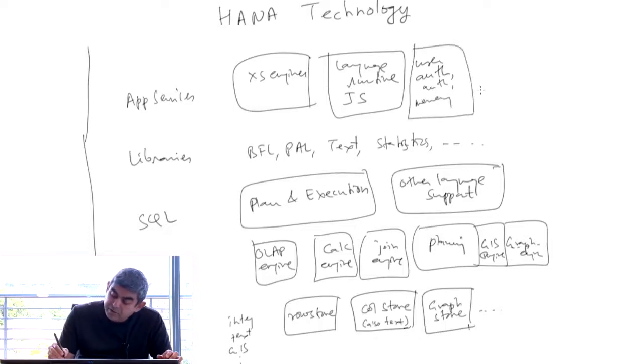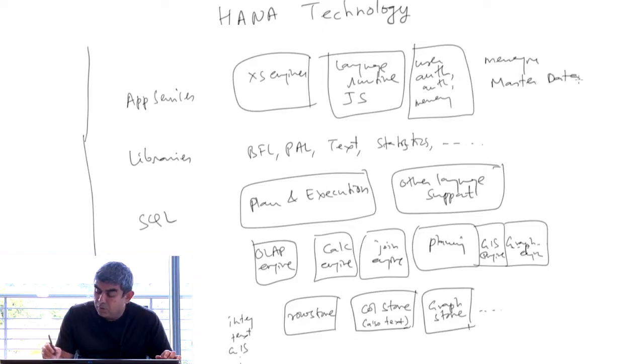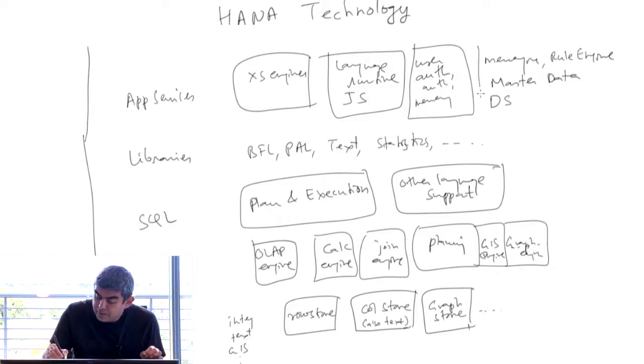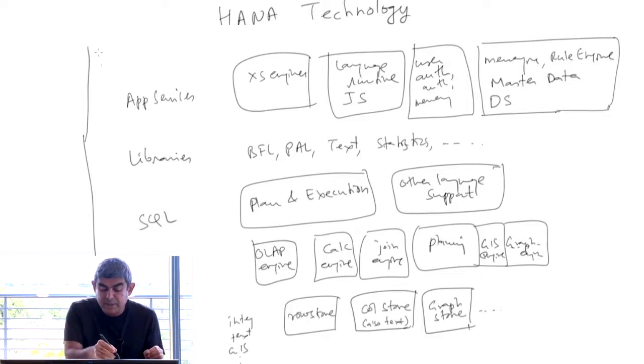And then we have all kinds of new capabilities from the platform that we are building in here, like the messaging service or master data service for MDM, or data services for extracting, transforming and loading data, or rule engine, and all these things that used to traditionally be in integration platforms or in middleware outside of the database, all are available as extensions and libraries inside HANA.